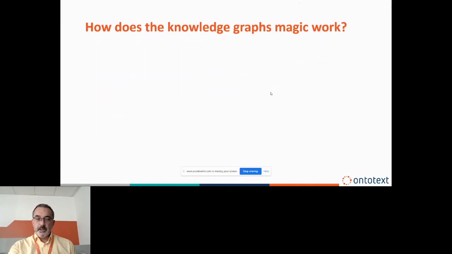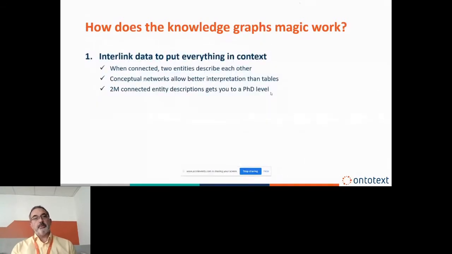So to sum it up, how does the knowledge graph magic work? Point one, you have to put the data together, because this linking is about putting things in context. And the way in which people deal with context is at a much lower level in our heads, in the neural networks, which connect different concepts and neurons that represent different concepts.